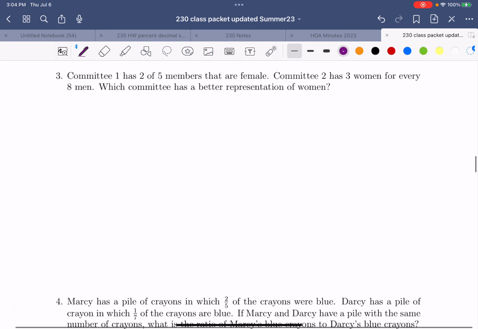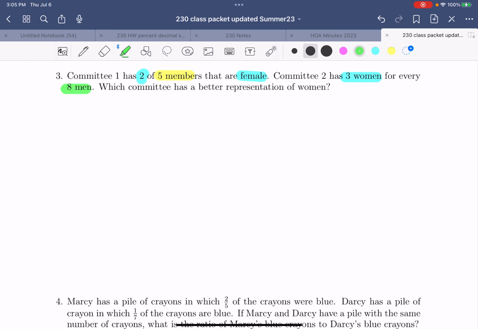Okay, number 3 is where things get a little more interesting. We get a little more variation here. You've got 2 committees, and 2 of 5 members are female. So I have 5 members, and the label on that is actually the female part. And then over here we have 3 women, which is the same as female, just a different way to say it. And 8 men. Now notice that one's different, so I'm going to color code that one separately.